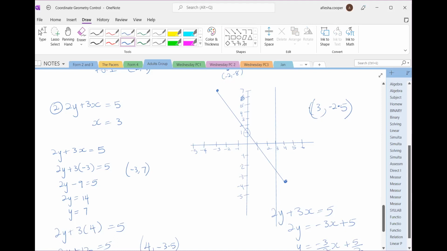Let me see what they have as their answer in the book. Part 2, x is equal to 3.